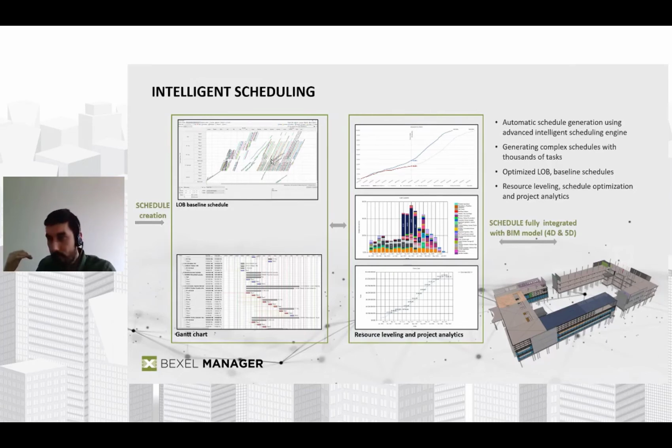You can see cash flow, cumulative cost, resources and activities right away available for your schedule. And with all this information, you can very easily assess the viability and quality of your schedule. So you can see, okay, if I have a really high required level of resources in a certain month, probably the tasks that are planned for that month are too short.